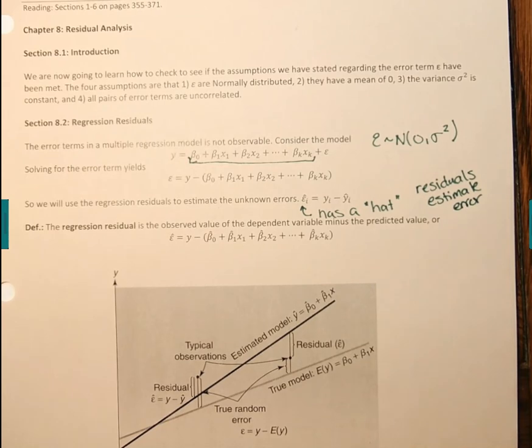We have our formal definition here: the regression residual is the observed value of the dependent variable minus the predicted value. In other words, it's how far away our fitted line or fitted surface is from our actual observed value that we saw in the sample. So it's looking at that distance.